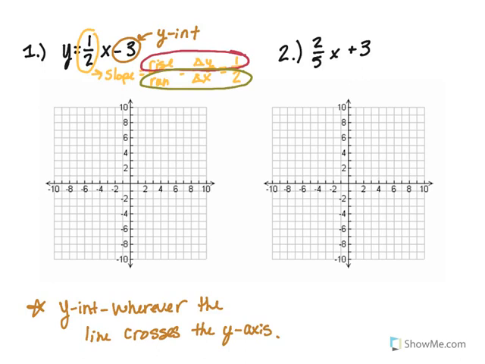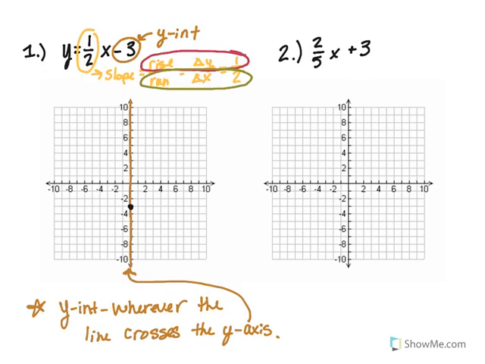Remember, the y-axis is the one that is vertical. So you're always going to start there. Whenever you graph these, you're always going to start with your y-intercept. Ours is -3, so we're going to put a point at -3 on the y-axis.